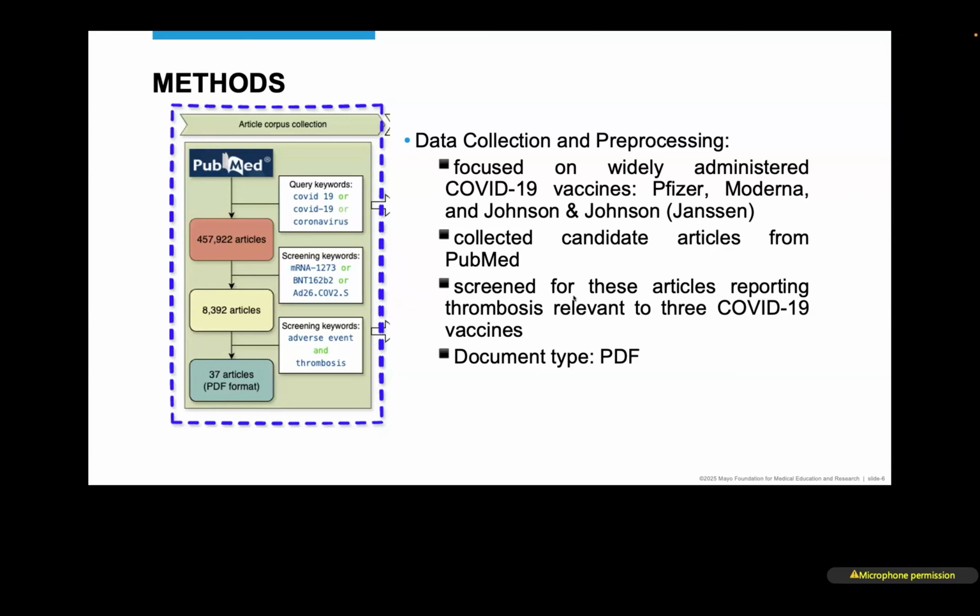Then we filter with the keywords Moderna, Pfizer, and Janssen, and collect over 8,000 articles. The last step is to screen the articles with the keywords adverse event and thrombosis, and we obtain 37 papers. All those papers are PDF formatted.